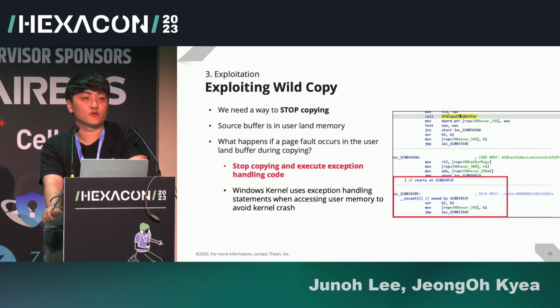This may be natural behavior because the user's fault should not be transferred to the kernel. If you look near the code where the vulnerability occurs, you can see that the copy function is wrapped in an exception handling statement. And when an exception occurs, it branches to the exception handling code. That is the function return.